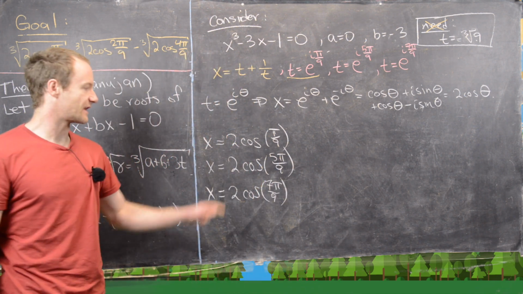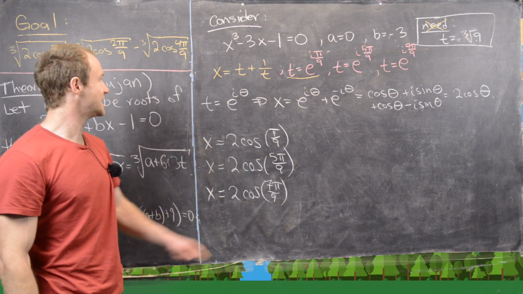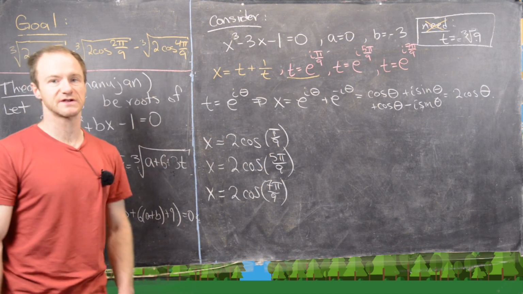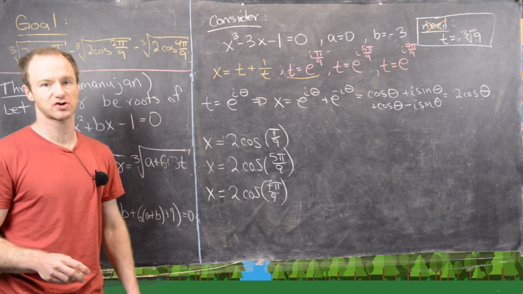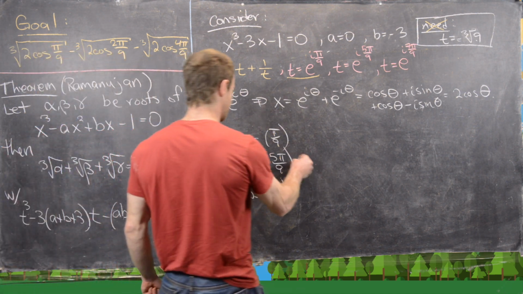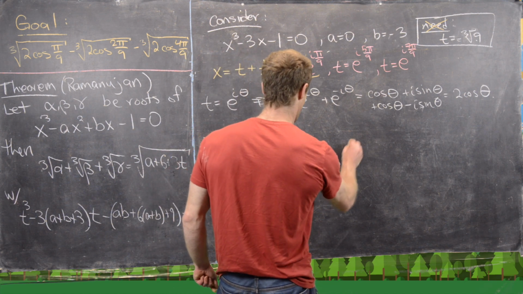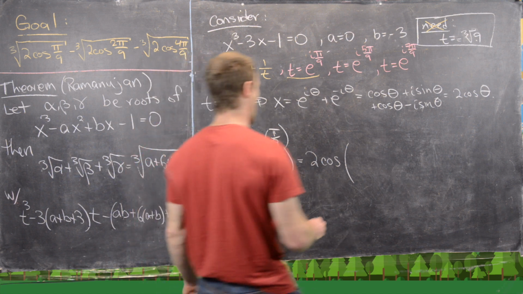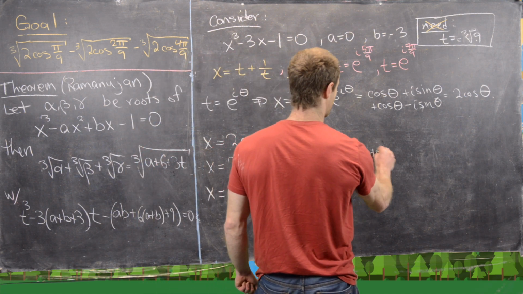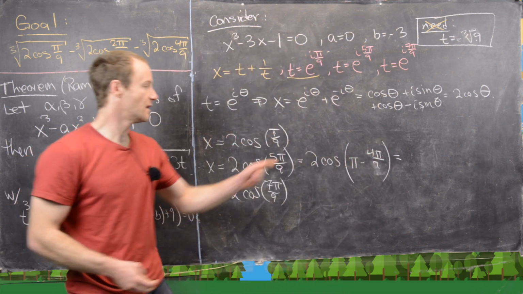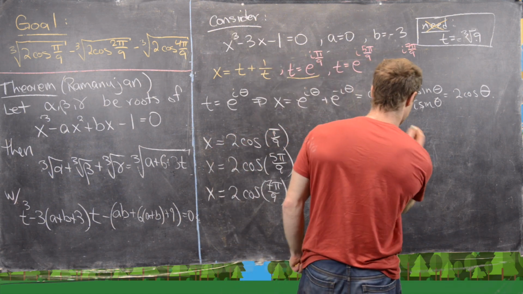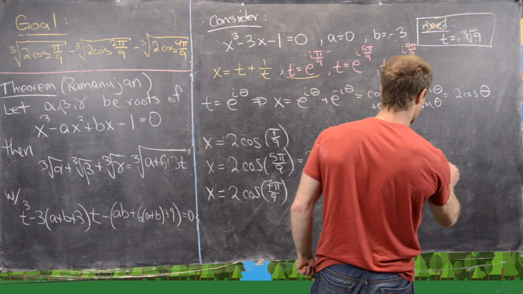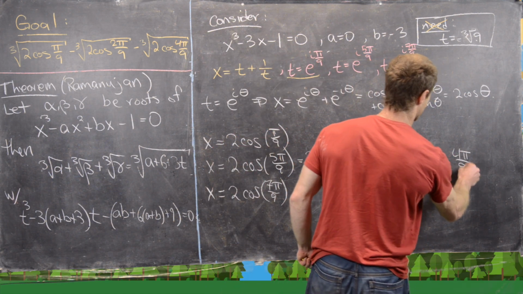Great. Now the next thing I want to do, in order to make these look like these numbers up here, is apply some sort of trig identity. Notice that this equals 2 cosine, and 5 pi over 9 is the same thing as pi minus 4 pi over 9. But then there's a trig identity that allows us to write that as negative 2 cosine 4 pi over 9.